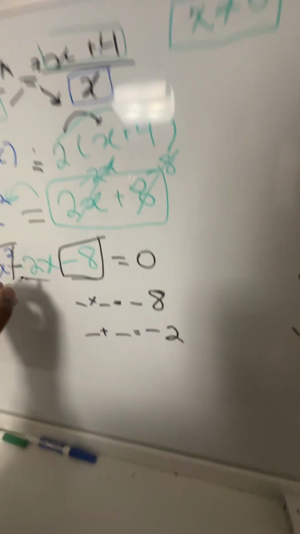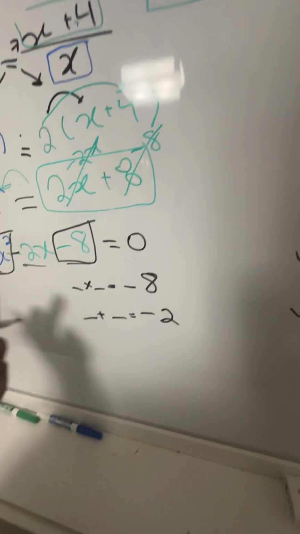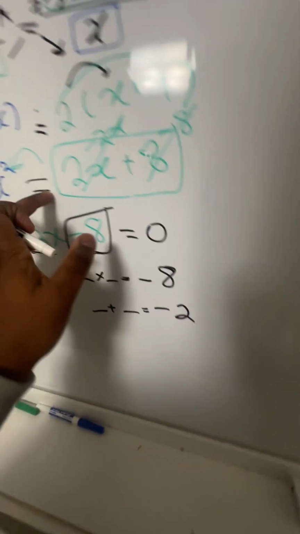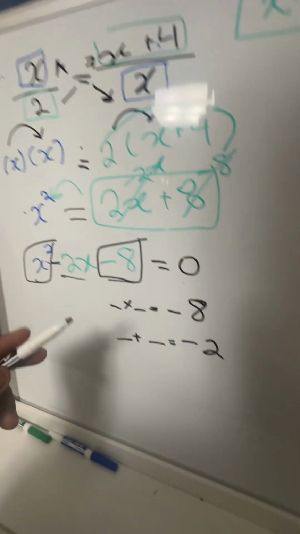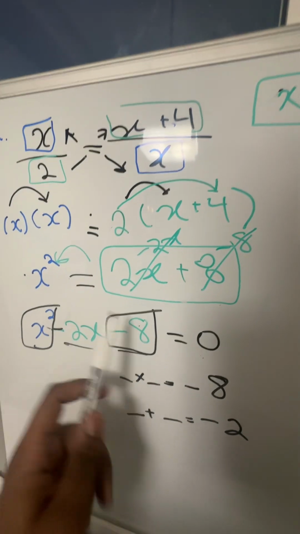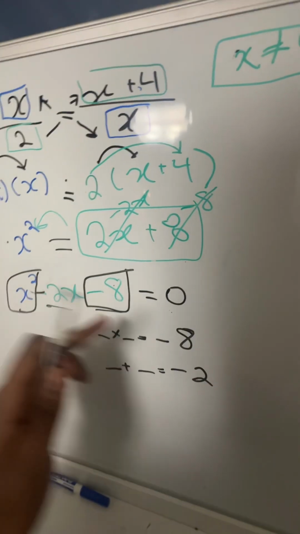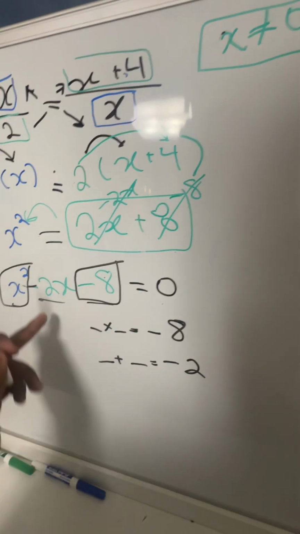So this is sum product method. I'm just doing this really quickly, but this is another way to factor instead of using the quadratic formula. So what times what multiplies to -8, and then what adds to -2?